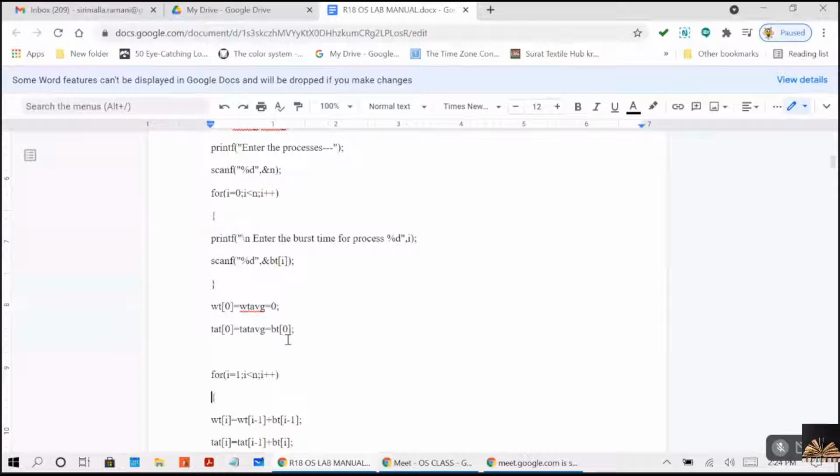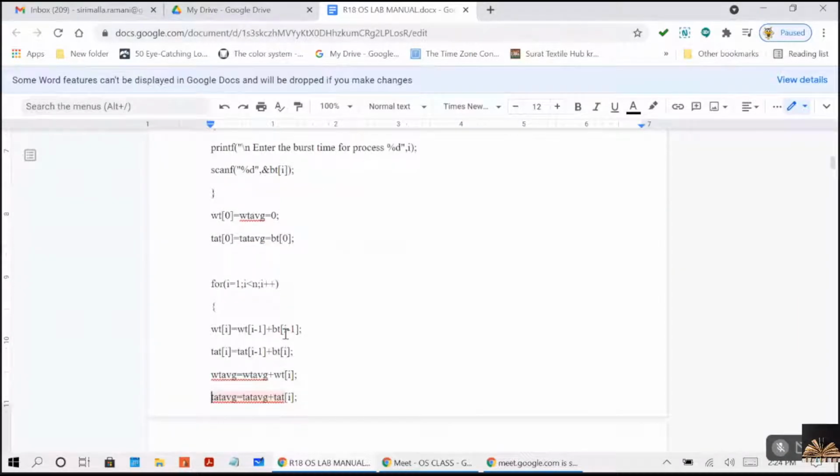We initialize the average waiting time as 0, and we will add the jobs' waiting times to get the total and then the average. The average turnaround time is initially the burst time of the first job.